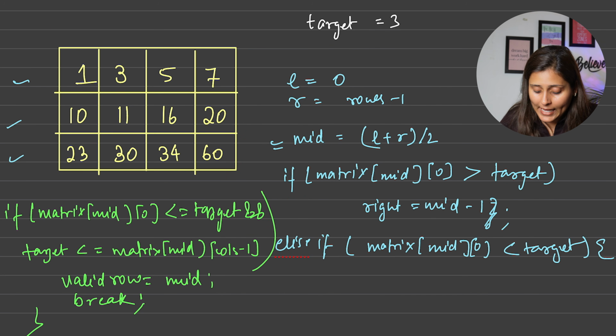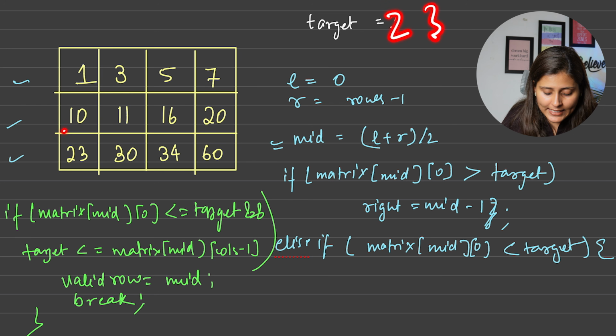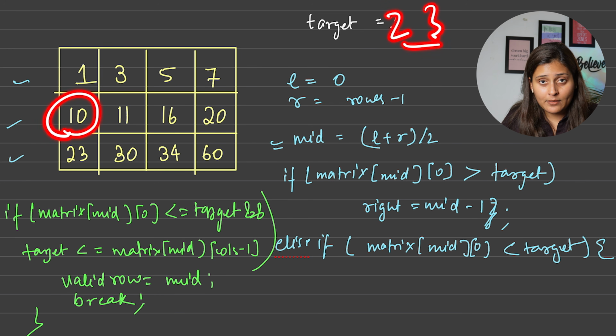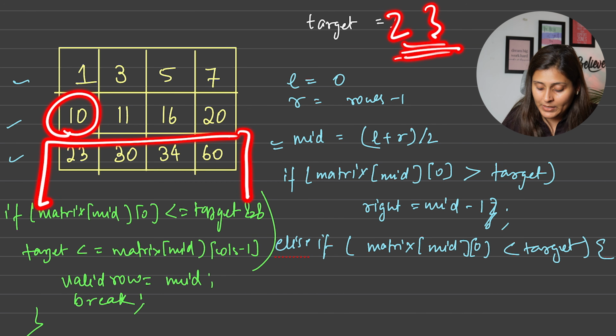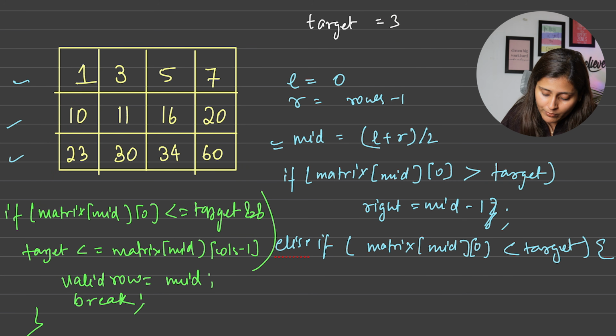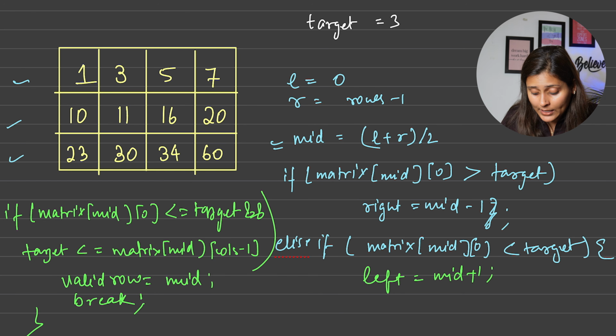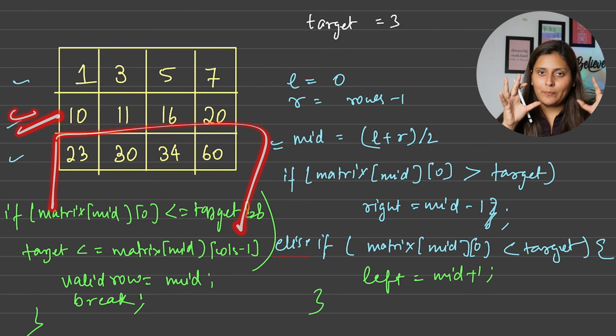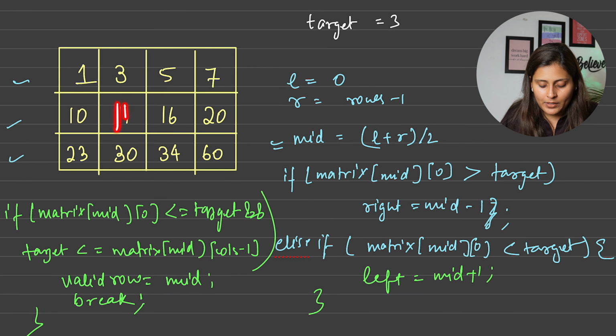Okay. Else if suppose our target is 23, so definitely 10 will say no, it is greater than me. Yes, and if it is greater than me, I can definitely move downward, meaning mid plus 1. So I can move my left pointer to mid plus 1. Now if you are thinking why mid plus 1 and why not mid, because if it was any number from 10 to 20, that would have been covered in the same first if case.